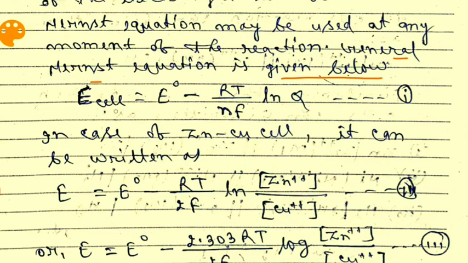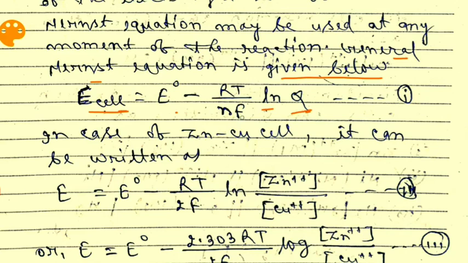Electrode potential of cell, E cell, is equal to standard electrode potential of the cell minus RT by nF ln Q, where Q is constant, meaning concentrations of the oxidation cell and reduction cell are constant, either 1 M, 2 M, 1.5 M. So that will be constant.